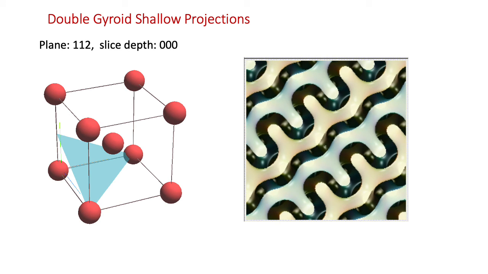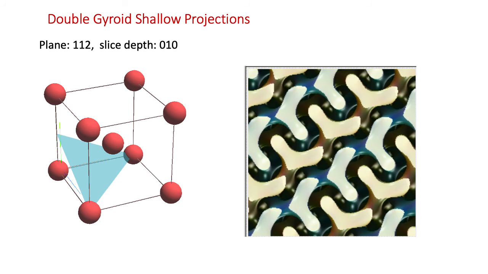Unfortunately, the TIMSIM tool doesn't include the planes we discussed, which are the 100, 110, and 111. So I chose the 112 plane, and this actually shows the body-centered structure. And also this picture here shows the shallow projection at a slice depth of 1%.